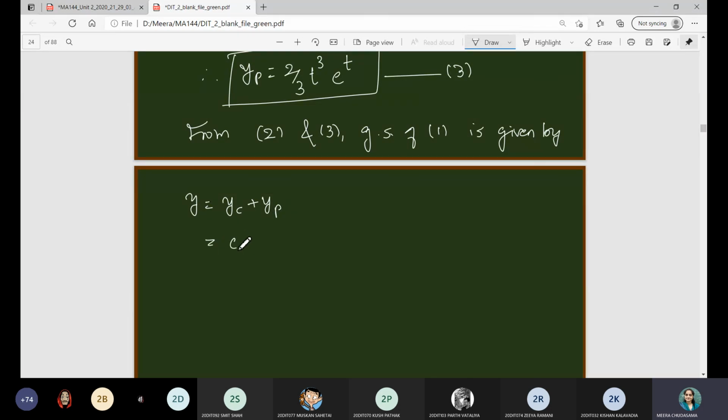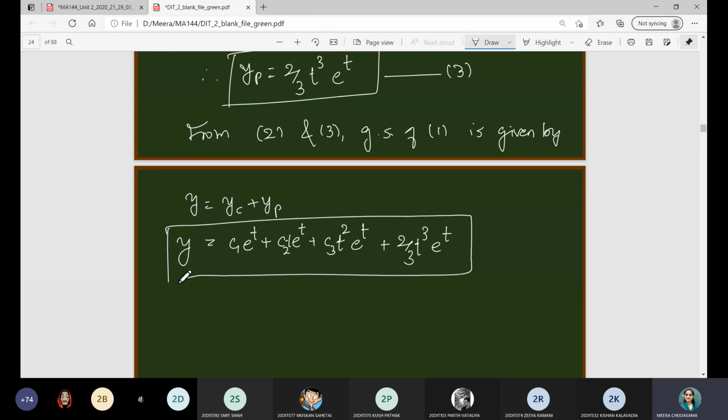That means it is c1 e raised to t plus c2 t e raised to t plus c3 t square e raised to t plus 2 by 3 t cube e raised to t. So this is the general solution of the given differential equation, where c1, c2, c3 are the constant quantities.